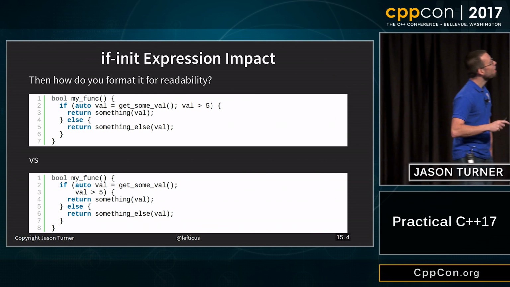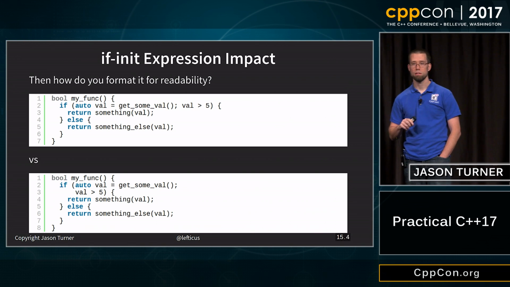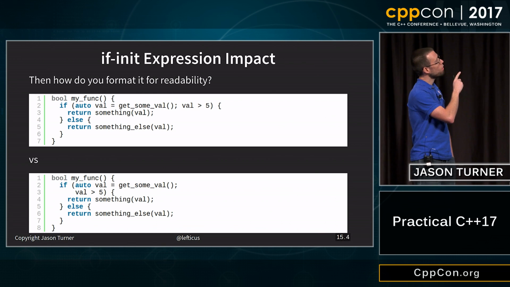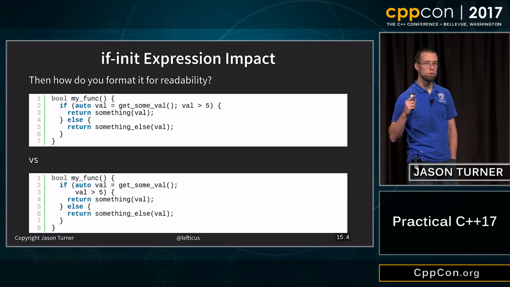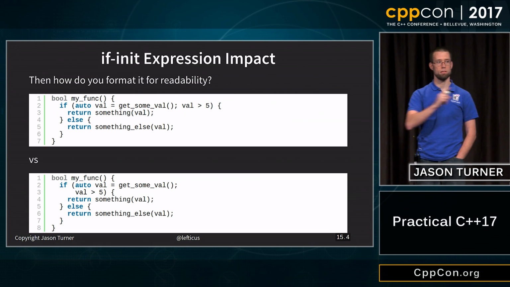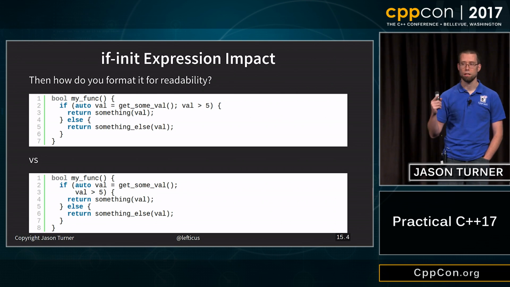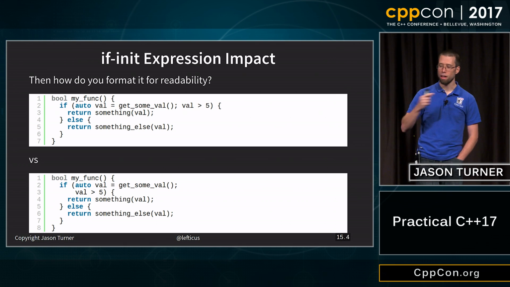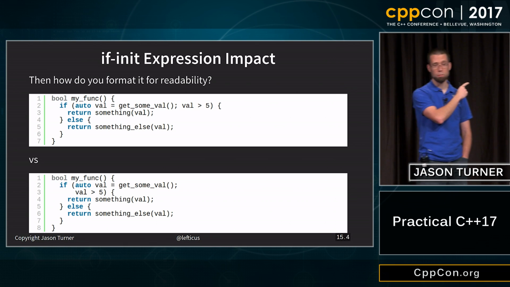I feel like I want to do the top block slightly more compact, but my brain is not yet used to reading code that looks like this, so I scan it and I don't realize that I'm doing an initialization at the front of that. And then the second block just ends up looking messy.